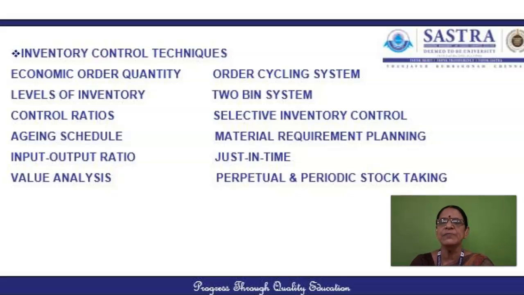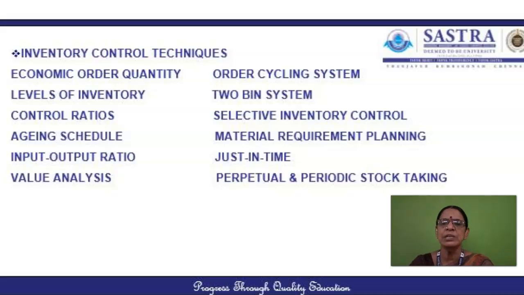This level is fixed after considering the following factors. The rate of consumption: it may be a minimum rate, a maximum rate, or the normal rate of consumption of materials. Lead time. Degree of safety that is desired, depending upon the risk of service failures and the cost of such service failures.